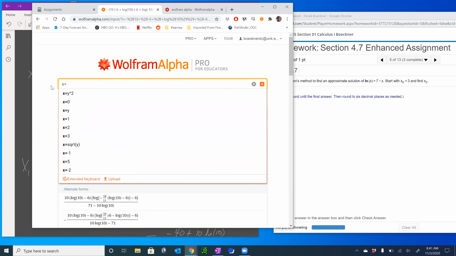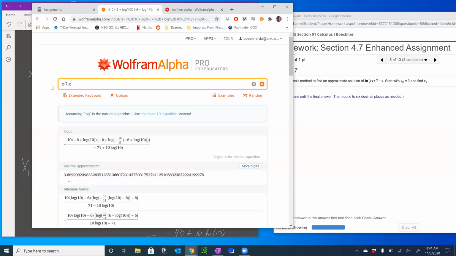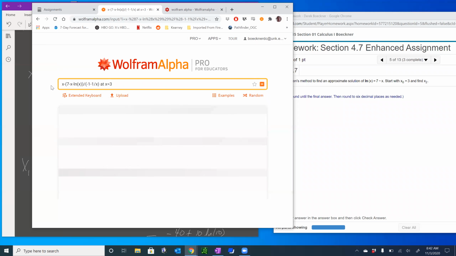So x is going to equal x minus f of x. f of x is going to be 7 minus x, 7 minus x minus natural log of x, divided by the derivative of that, which is minus 1 over x. Okay, and it tells us our starting point is 3. So we're going to say at x equals 3, and it's going to give us our first approximation.